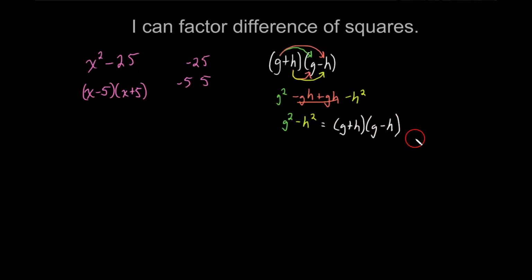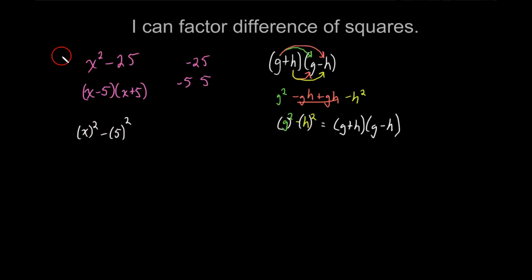So now if we were to take this idea and move it back over here, we could see that this expression right here could be rewritten as x squared minus 5 squared. So linking it back, I'm going to put some parentheses on here just to make this explicitly clear.